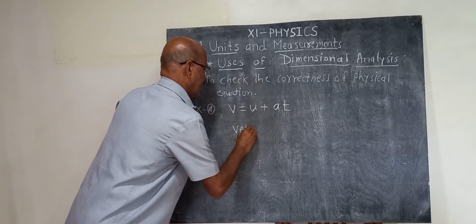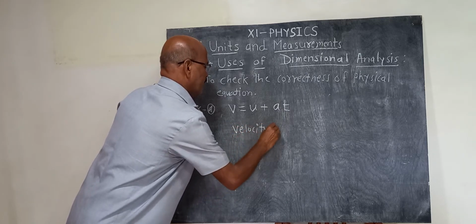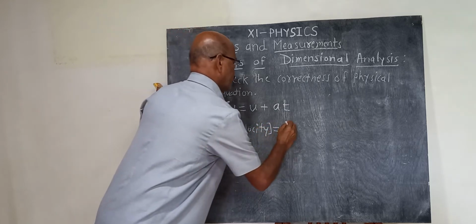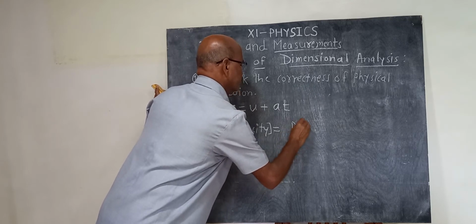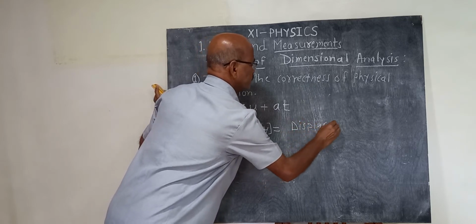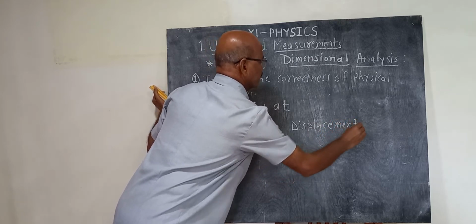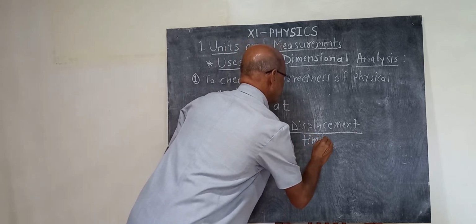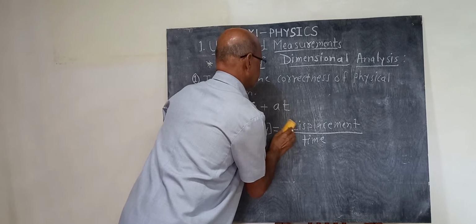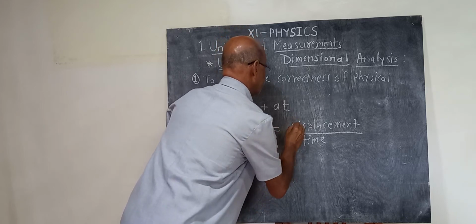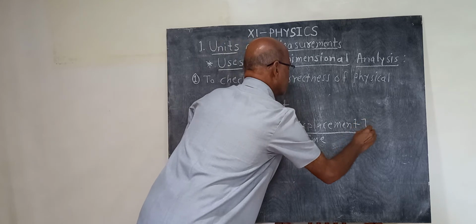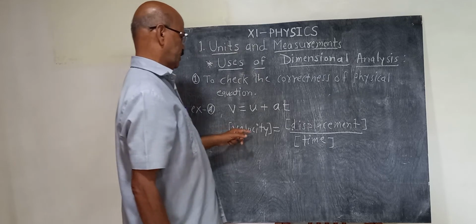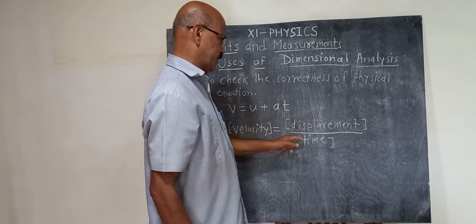Velocity means rate of change of displacement with respect to time. So dimensional formula, velocity equals displacement divided by time.